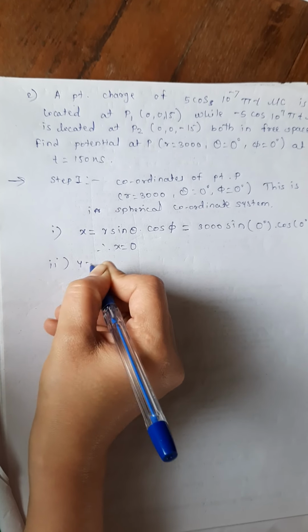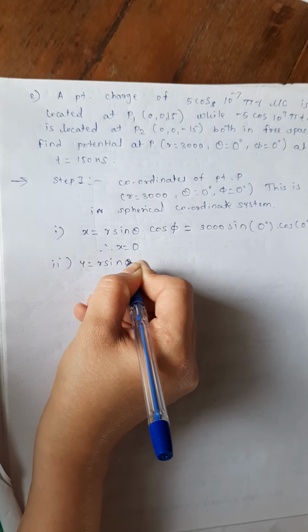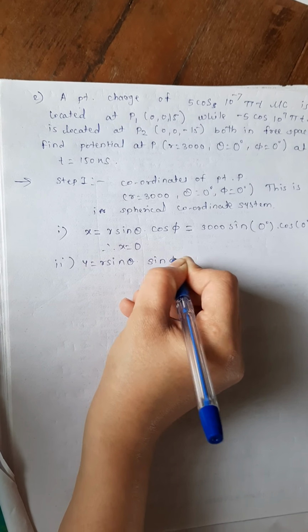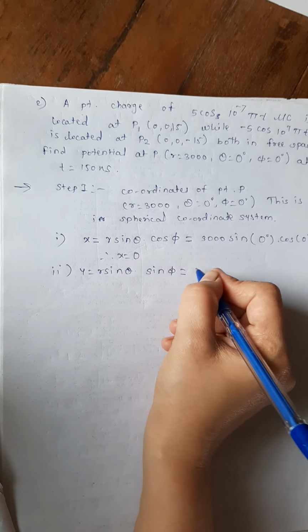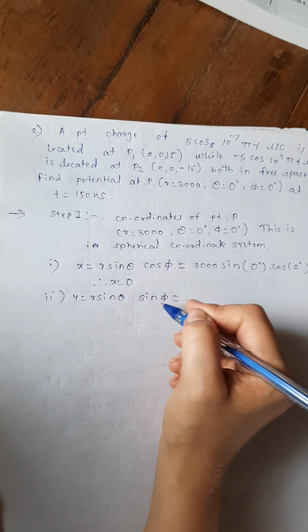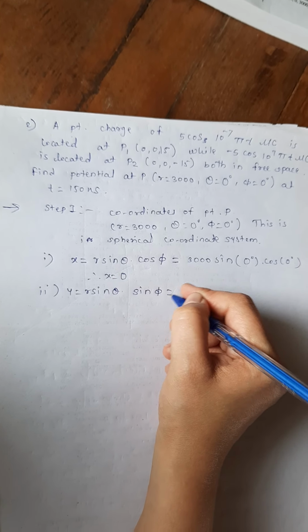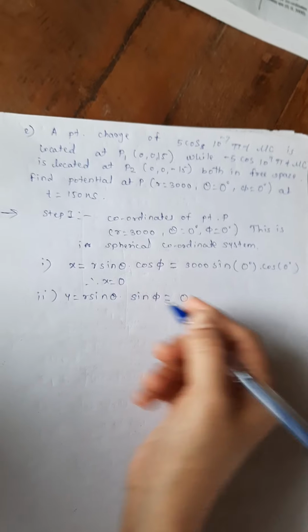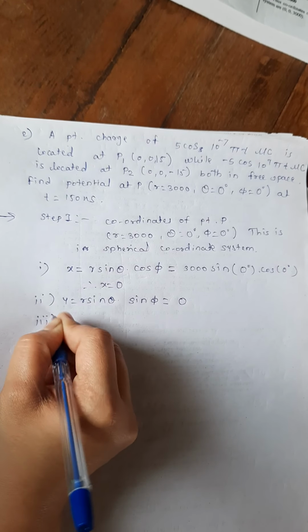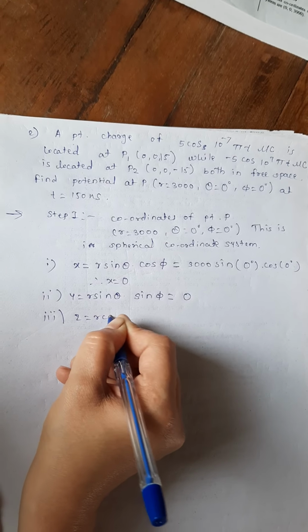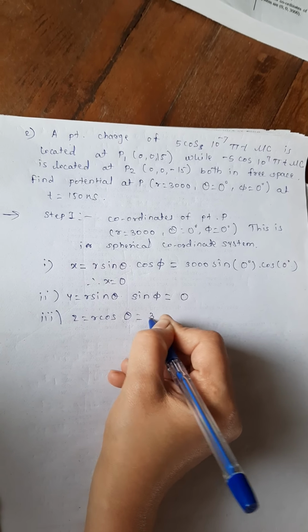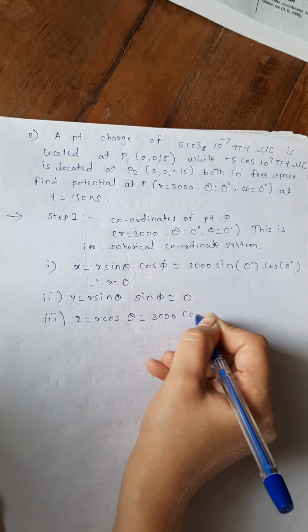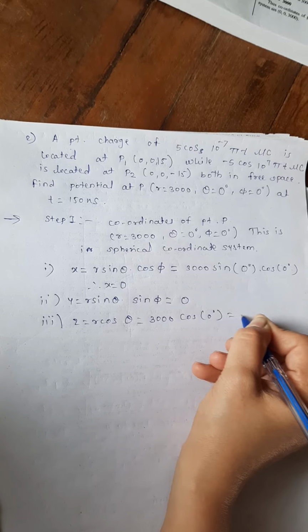Now y is equal to r sine theta sine phi, so it is 3000 sine 0 sine 0, so y is also 0. And third one, z is equal to r cos theta, so it is 3000 cos 0, which is 3000.